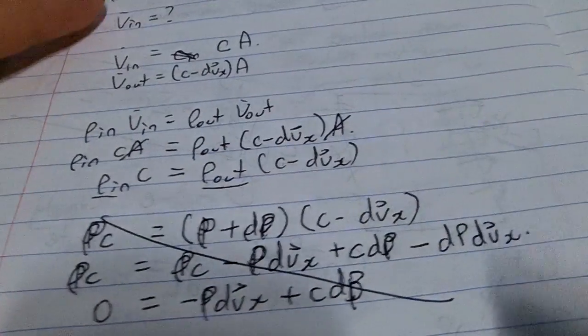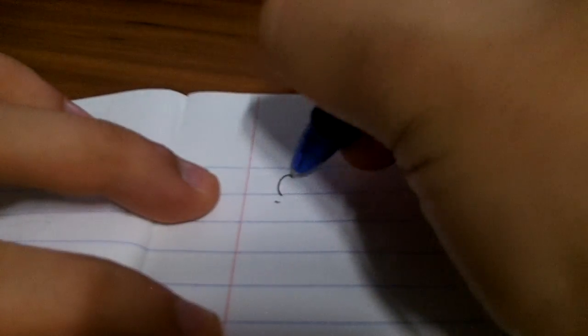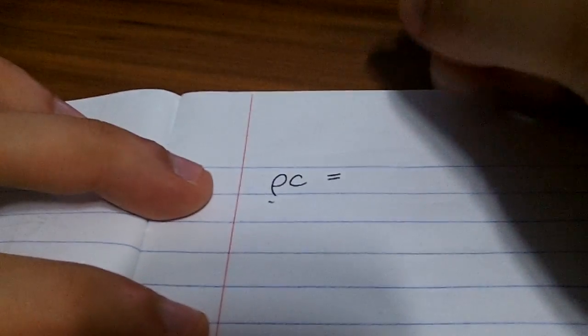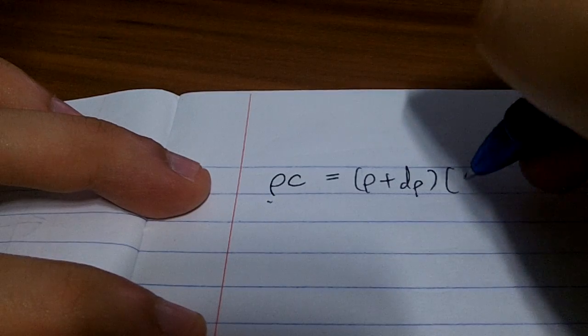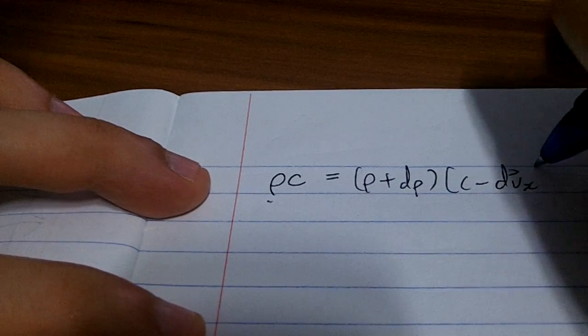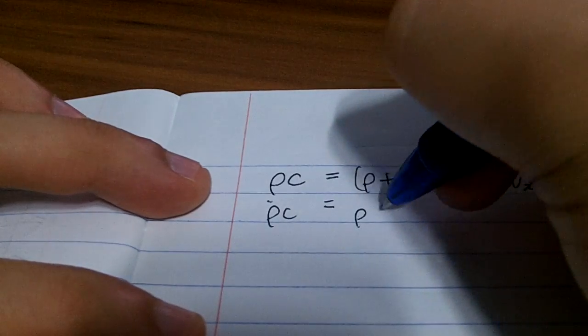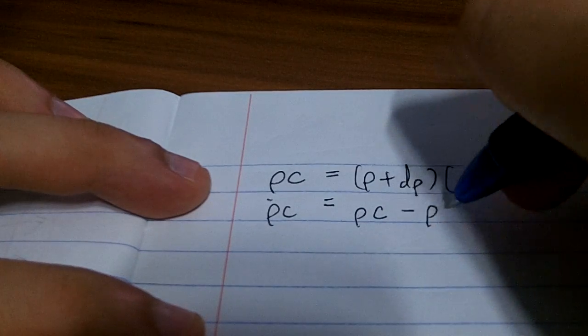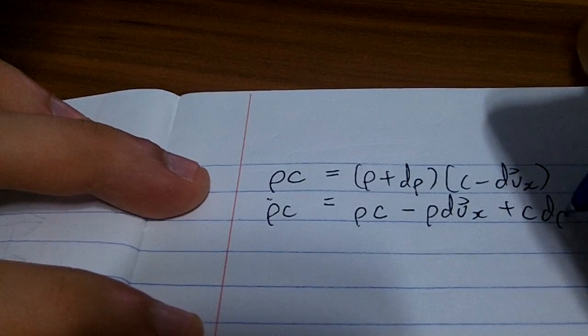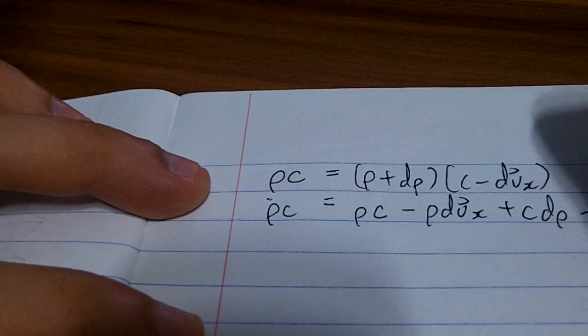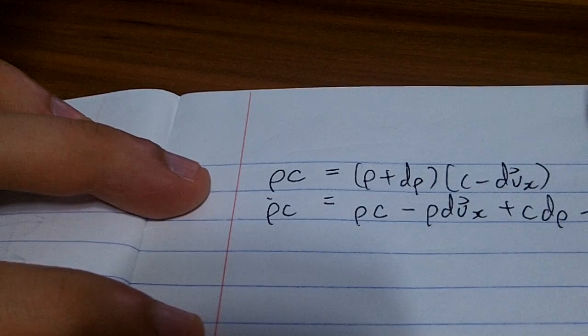Now let's just write it a little nicer. Rho C equals rho plus d rho, times C minus dVx. So rho C equals rho C minus rho dVx plus C d rho minus d rho dVx.